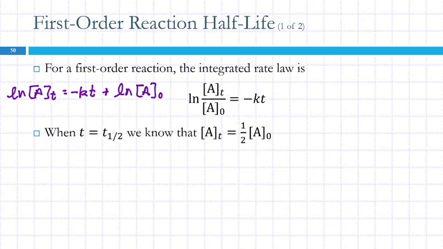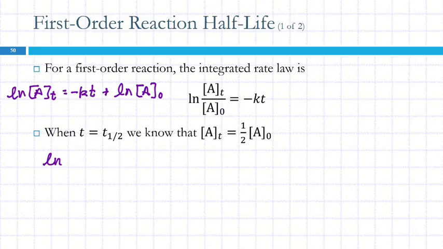We're trying to find an equation that gives us T1/2. So when T is equal to T1/2, we know that the concentration at that time is 1/2 of the original concentration. Do we know what the original concentration is? No, we don't, but we know that it's now half of that. So we can plug that in.